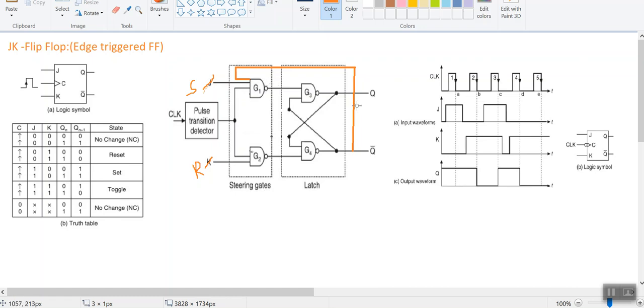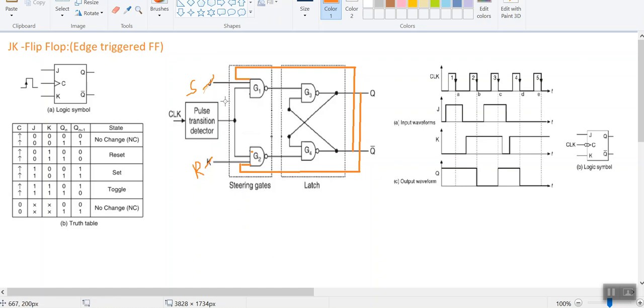In a similar way, we can connect this particular Q to this particular G2 NAND gate. It's like this; we need to connect.